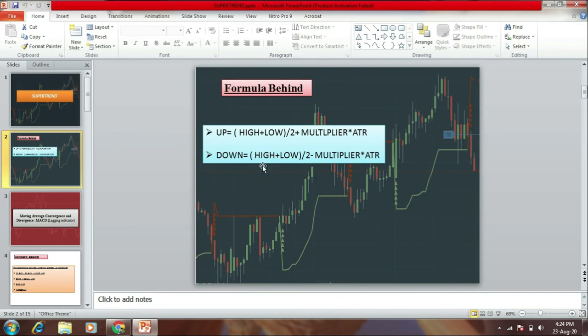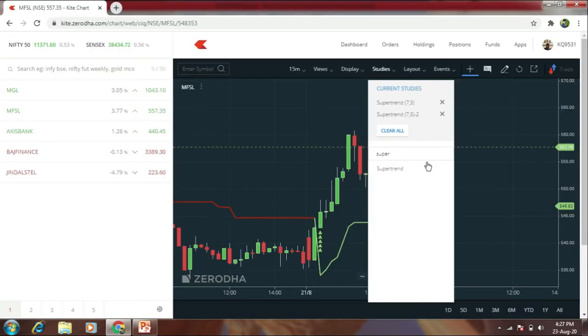Down is the red signal, and it is calculated using high plus low divided by 2 minus multiplier into ATR. The multiplier is calculated using another formula, that will be periods into some values, okay. You don't need to bother much about this formula because you don't need to calculate all these things, because they have already calculated it and updated it in the application.